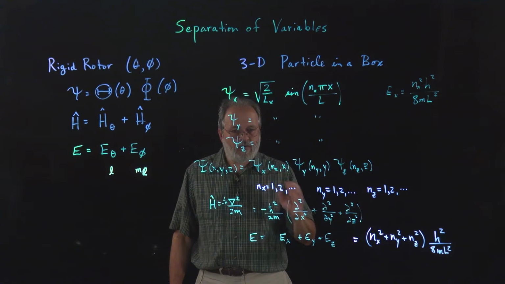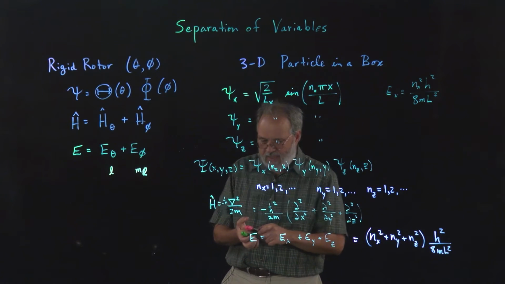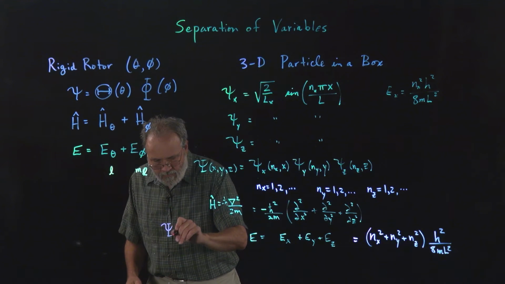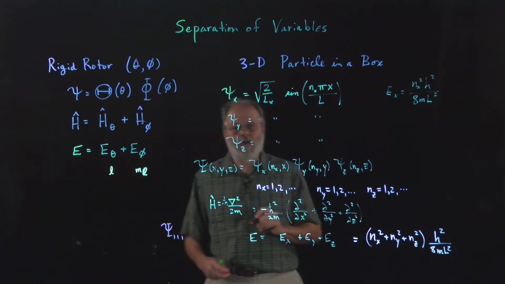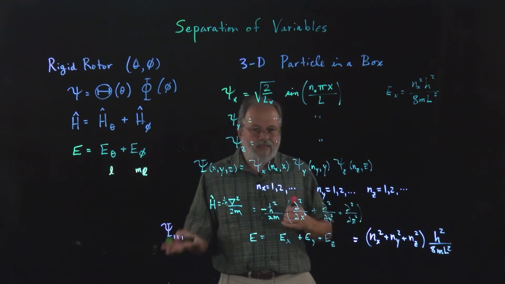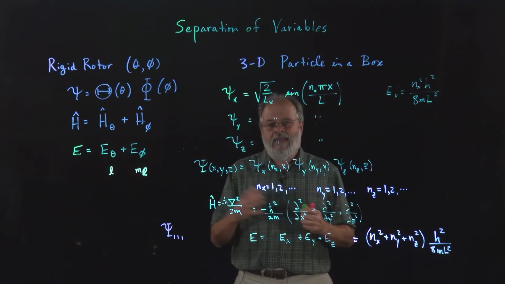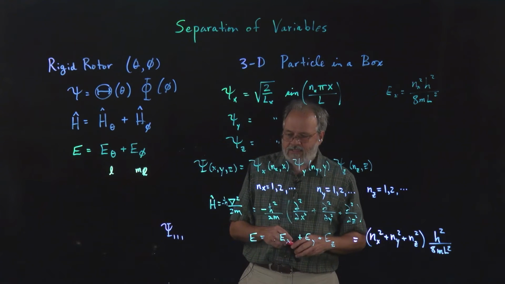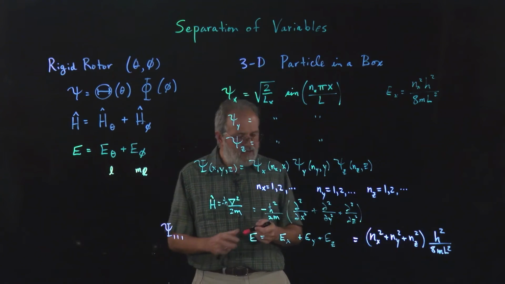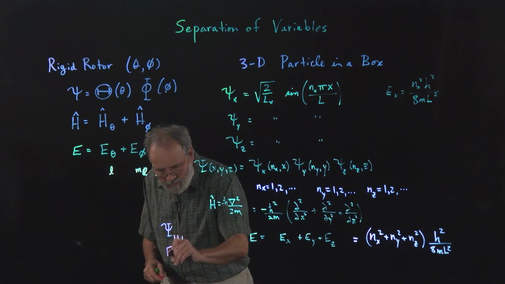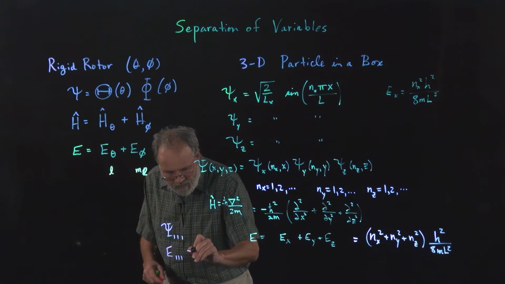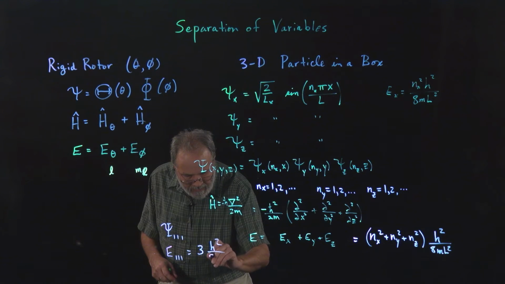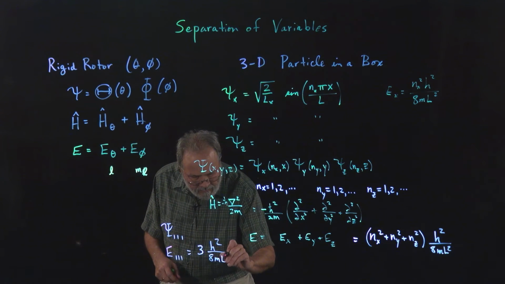So the energy of the ground state, which we might call, for example, psi 111, where the subscript would be just the integers nx, ny, and nz in that order, that'd be understood. And so the energy of 111 would be 3h squared over 8ml squared.